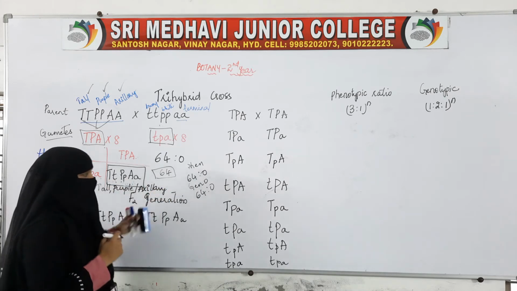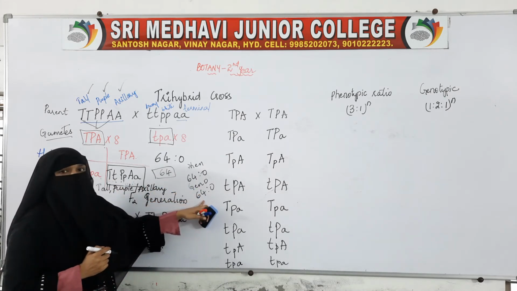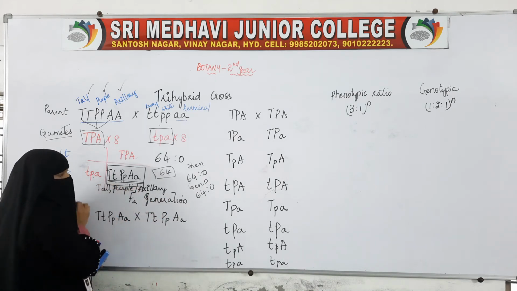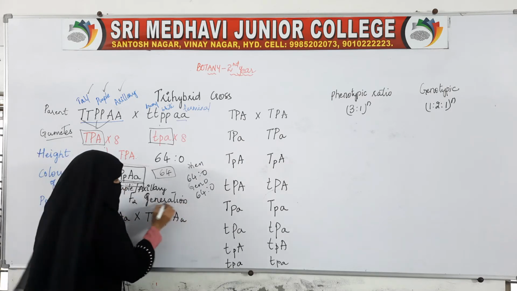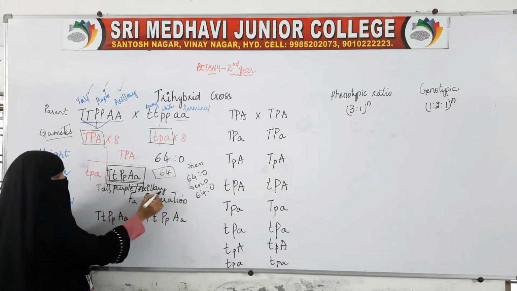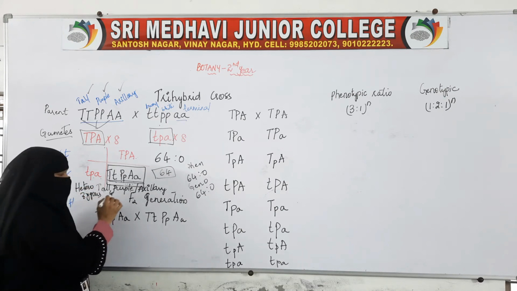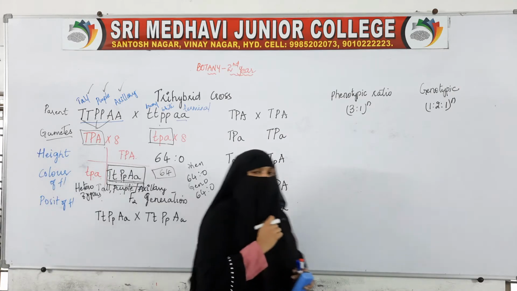This is heterozygous, not homozygous, because it has one capital and one small. So all of them will be heterozygous, tall, purple and axillary.